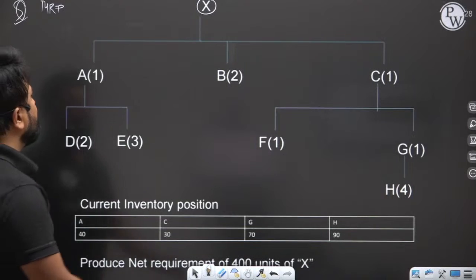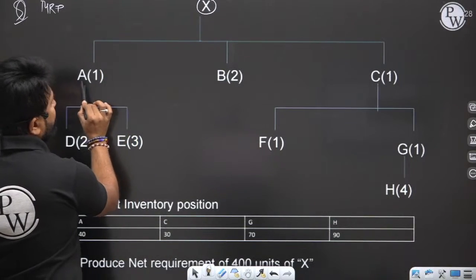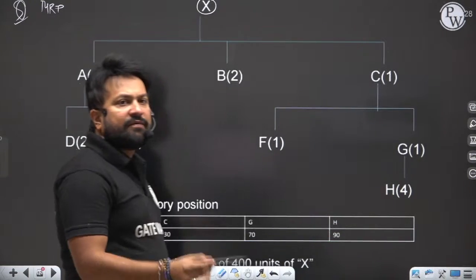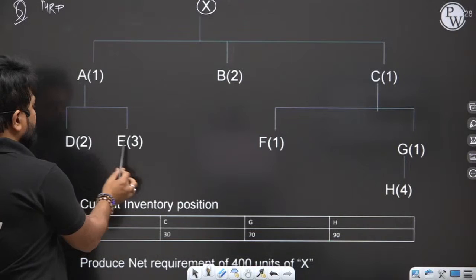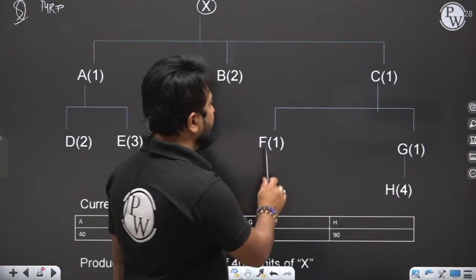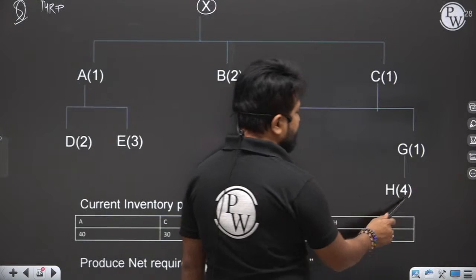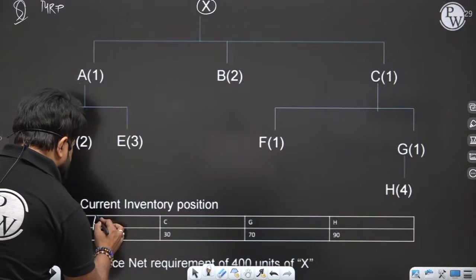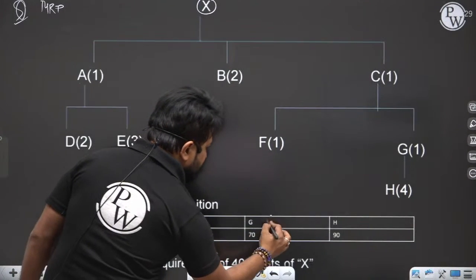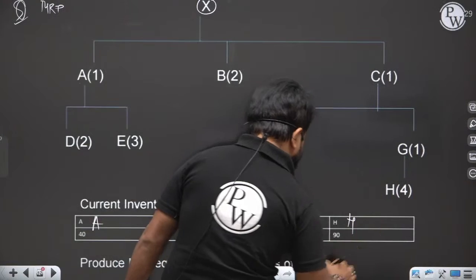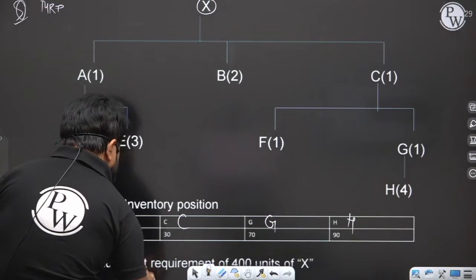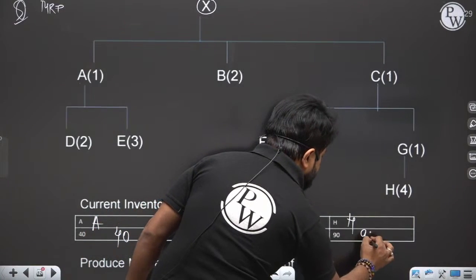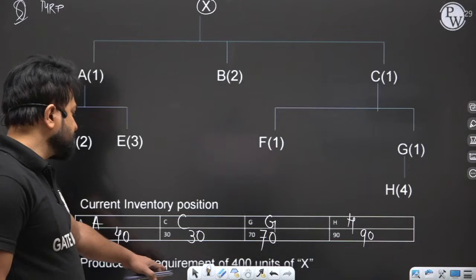For that X, you need 1 unit of A, 2 units of B, and 1 unit of C. And further, for A, you need 2 units of D, 3 units of E, 1 unit of F and 1 unit of G, and 4 units of H for G. In the current inventory, A, C, G, H are 40, 30, 70 and 90 units. Find the net requirement.